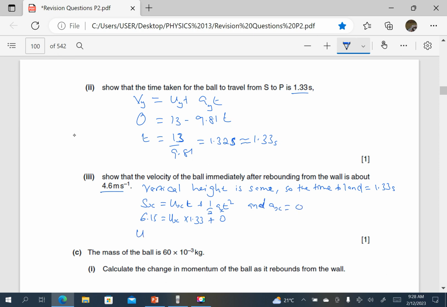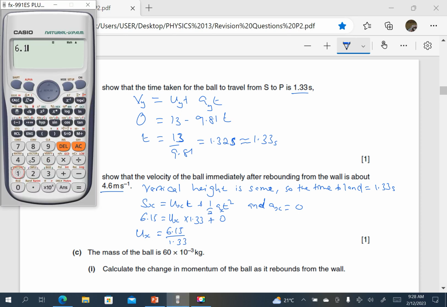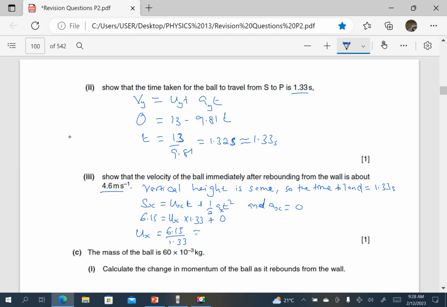So it means initial velocity in the X on rebounding is going to be 6.15 divided by 1.33, and that is 4.62, which is approximately 4.6 meters per second. Okay, so that is the velocity with which it rebounds.